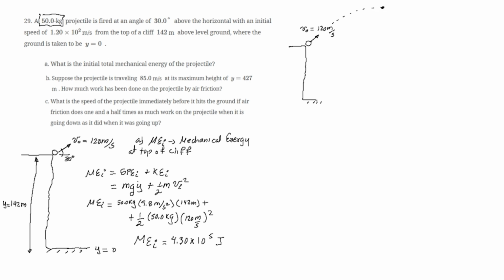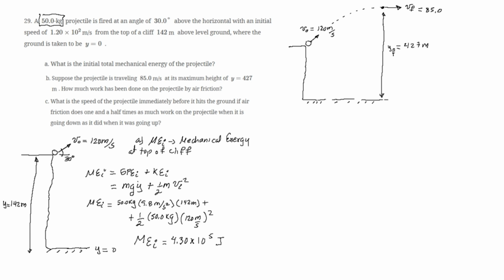When you measure the height of this point with respect to the ground, let's call this the final height, H final. This is now 427 meters. At this maximum height the projectile has a horizontal velocity, which we call V final, now 85 meters per second.